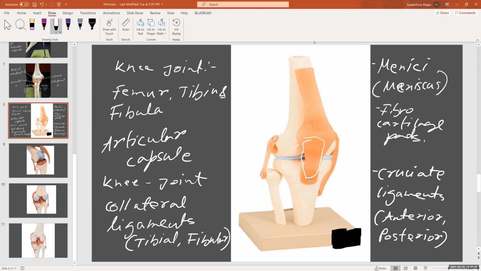These names, anterior and posterior, are given based on where they are emerging from, where they are starting from. If they're starting anteriorly, then it's the anterior cruciate. If it's starting posteriorly, it's the posterior cruciate ligament. So basically, the origin of the ligaments.